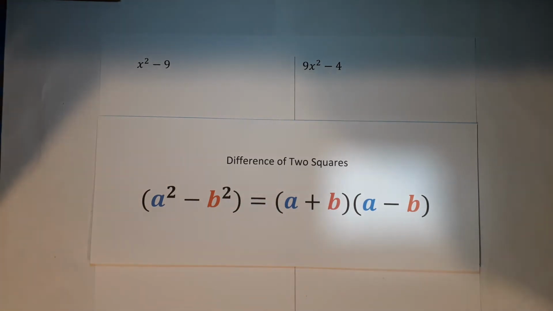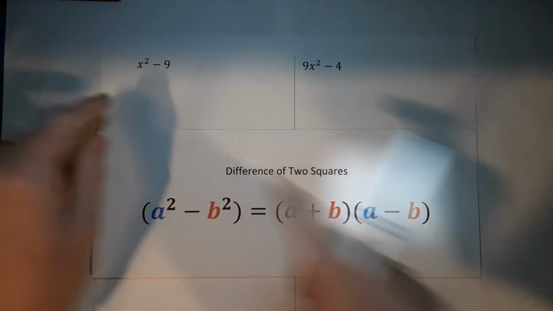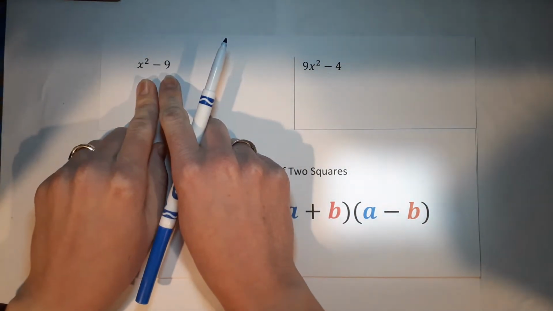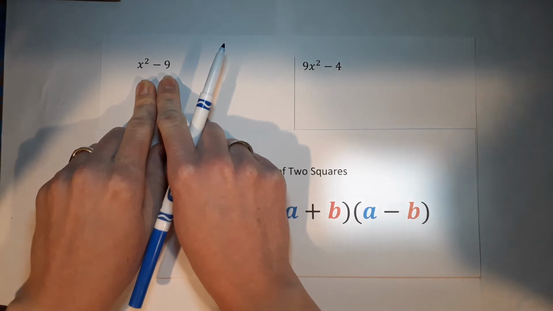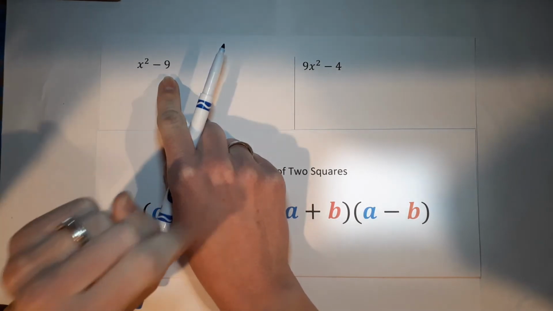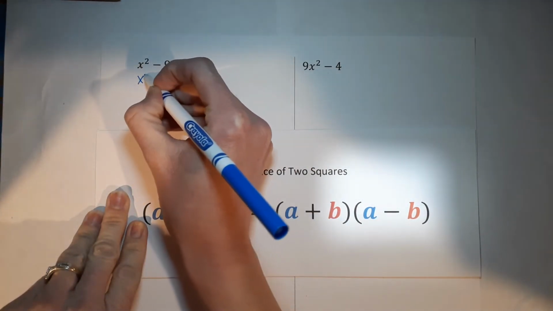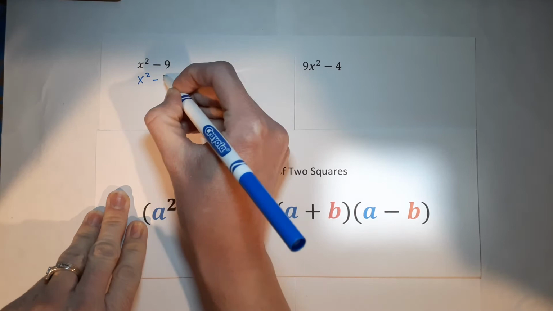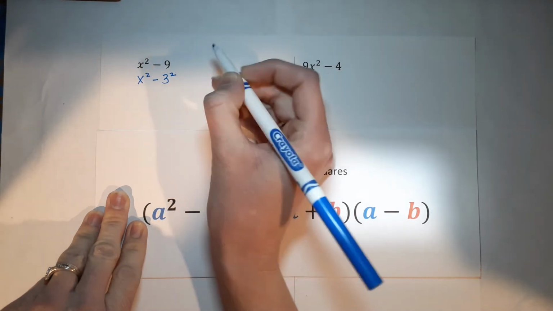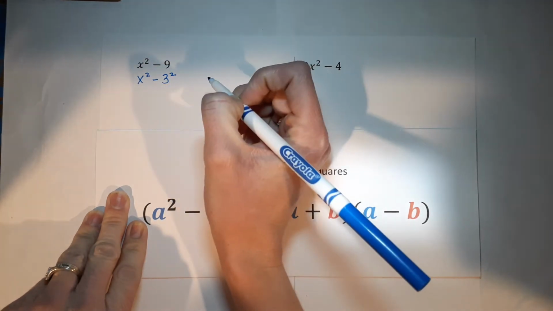So what does this look like? When you're doing a difference of two squares, you just notice, oh, hey, I can use this on this one, because it's only on certain ones that you can use it. So I noticed that I can rewrite this as x squared minus 3 squared, because 9 is 3 squared.